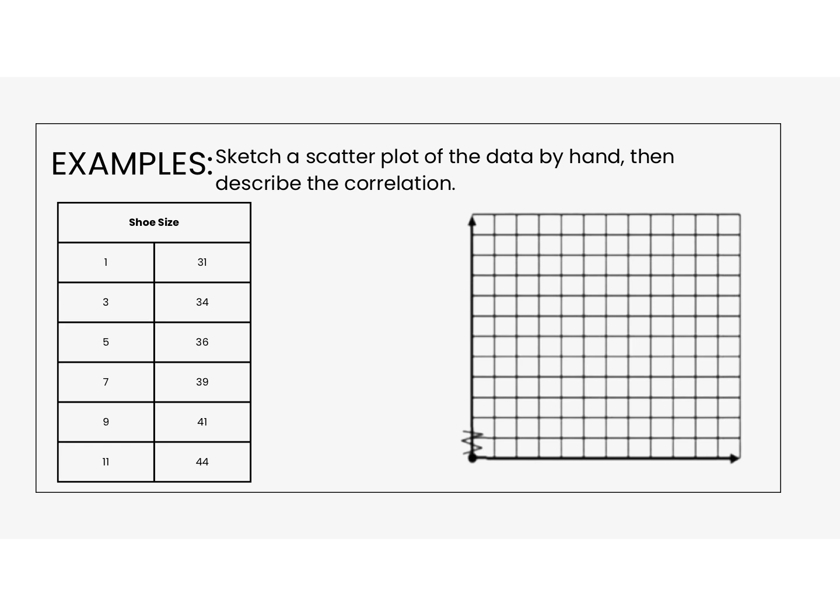Okay, and lastly, we're just going to sketch this scatter plot. It's pretty straightforward. We have our ordered pairs, or we have our data. We're going to graph them as ordered pairs. So in your packet, you should be able to see that the left column represents the United States shoe size, and the right column represents the European.